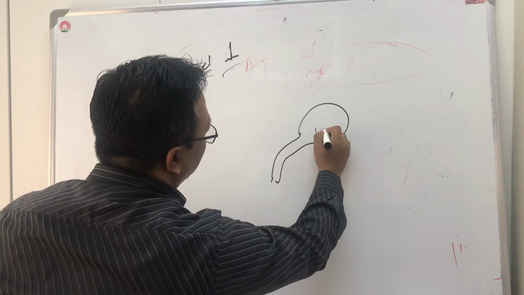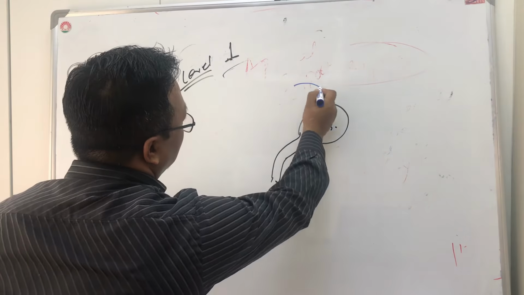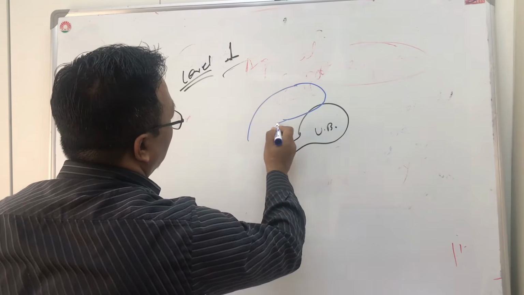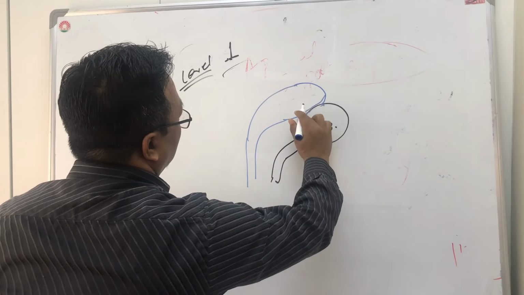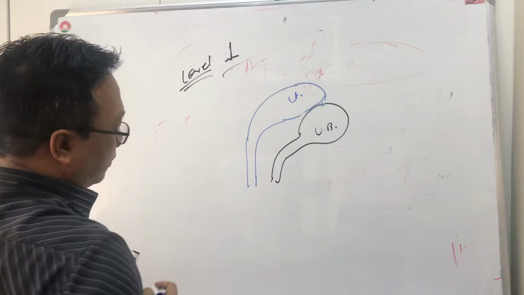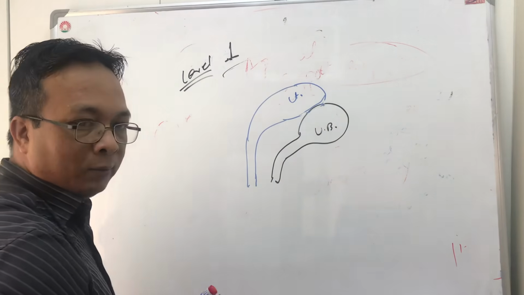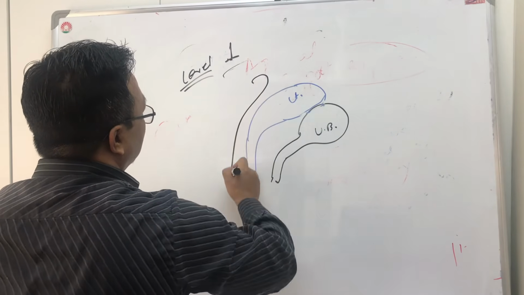This is the urinary bladder, and here there is a uterus. And behind the uterus is the rectum.